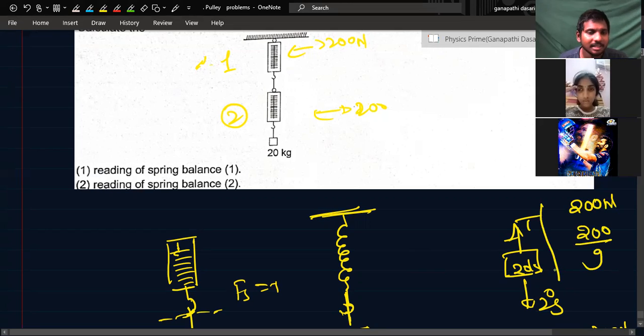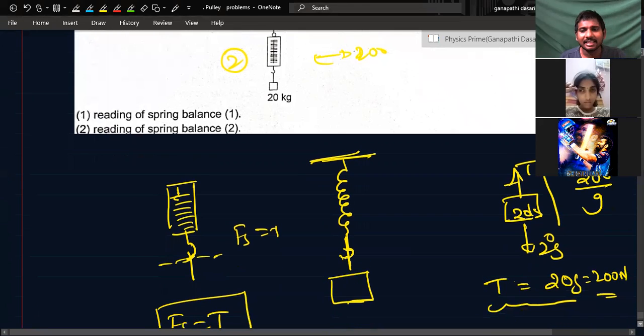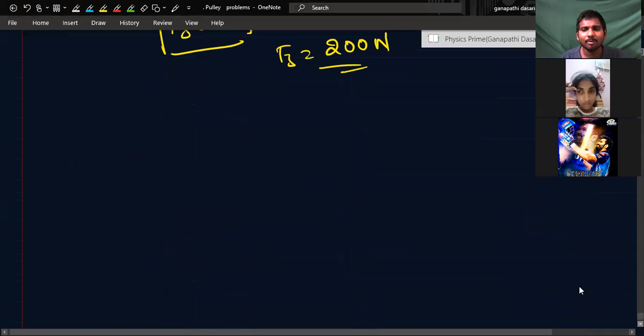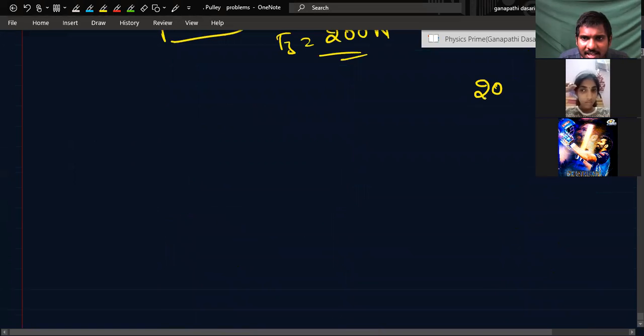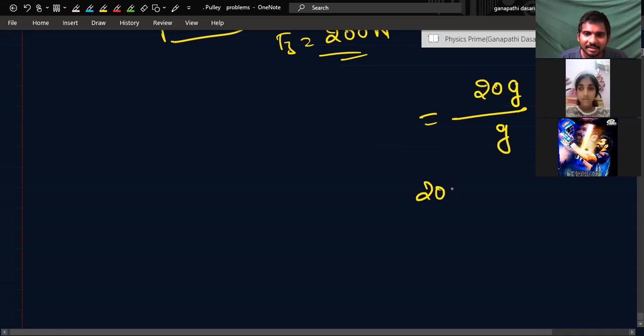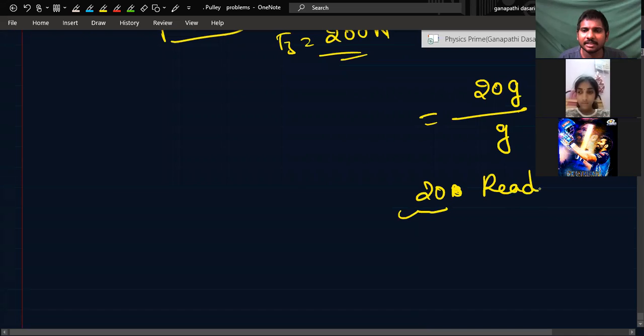The reading is calibrated in such a way that it is divided by g. Here what we got is 20 g, divided by g is how much? 20. 20 is the reading on the spring.